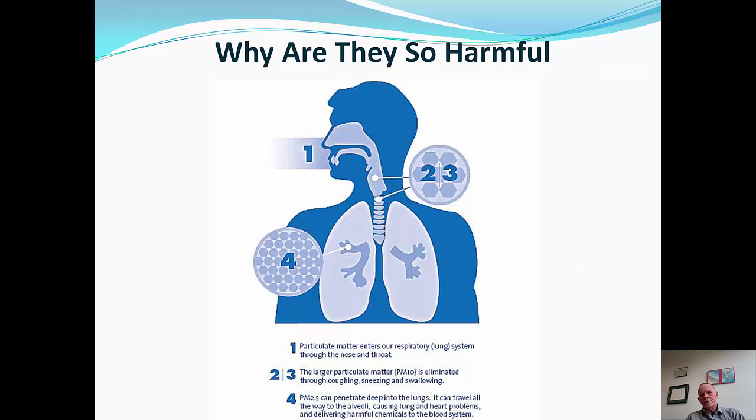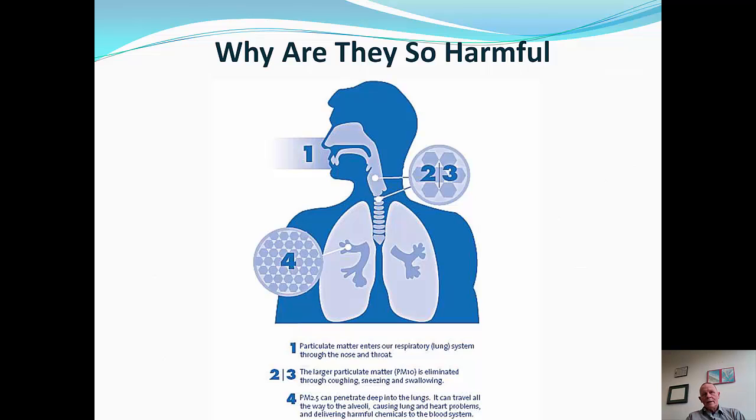Those that are smaller than about 2.5 micrometers make it into the bronchial tract and eventually into the alveolar regions of the lung, which are the deepest regions of the lung, where most of the transfer of oxygen and carbon dioxide takes place with the blood.